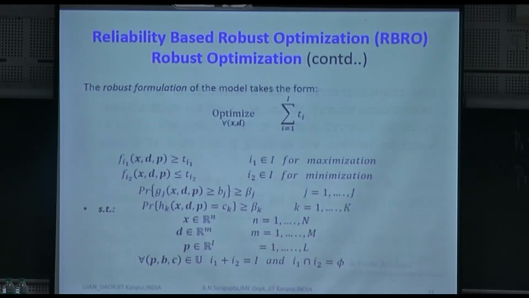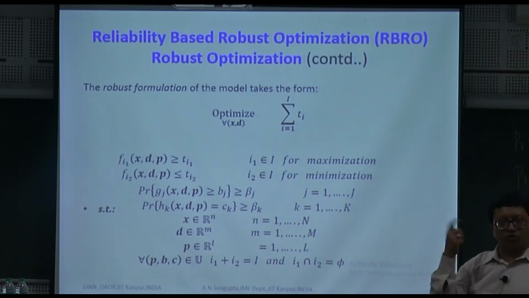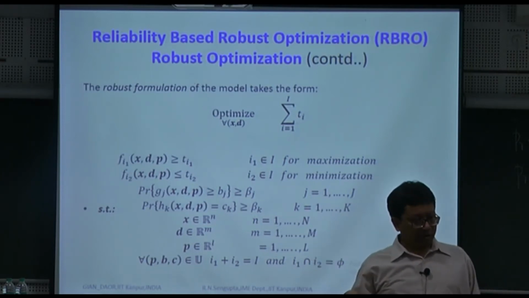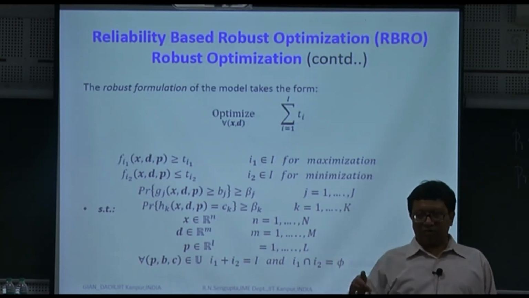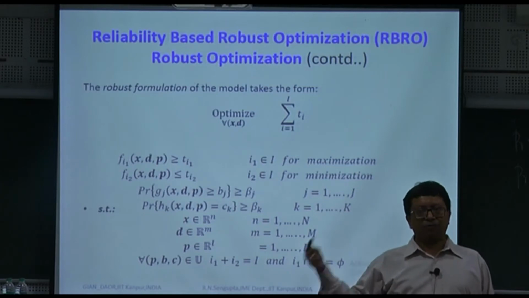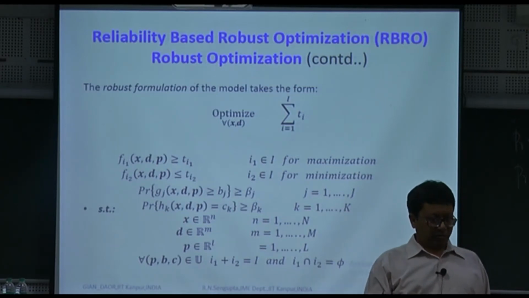So in the robust framework, I have given the outlook of the way the problem will look. In the reliability framework, what I did was convert x into mu x, p into mu p with a certain distribution, and I converted the probability into the deterministic case by replacing x and p by the MPP points where you converge.